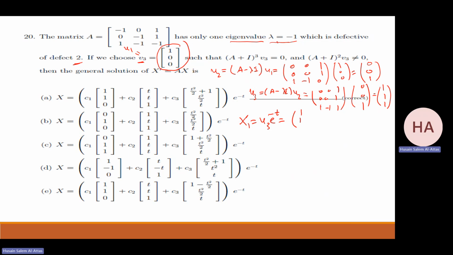Okay, now I need to multiply the same matrix. This one gives me 1. This one gives me 1. This one gives me 1. Strange.